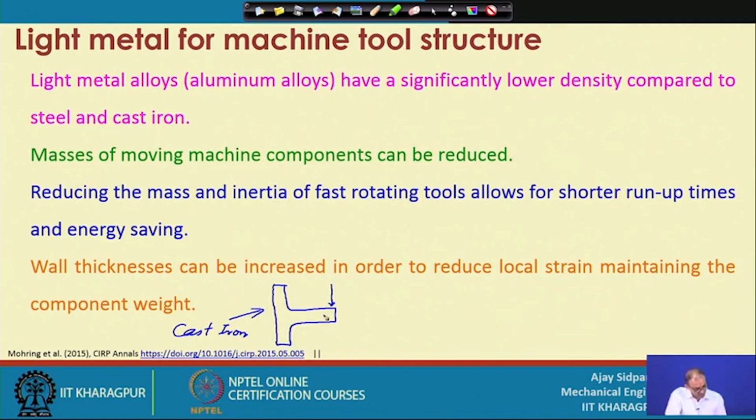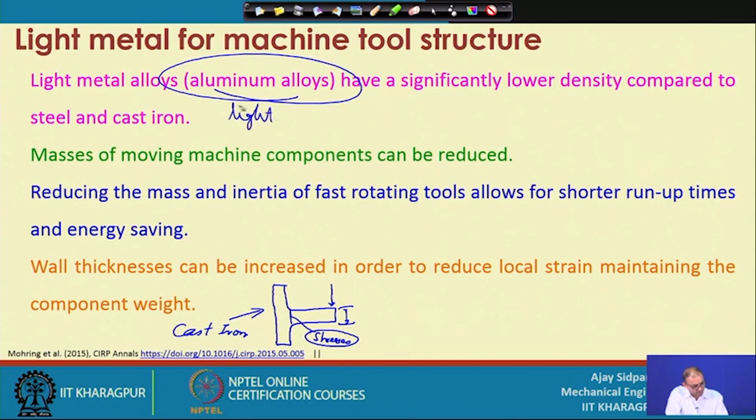So, now this thickness is playing an important role here, because whenever you are putting a load, stresses will be very high at this location. Correct. So, this is the cast iron. Now, if you use an aluminum alloy, we know that aluminum alloy is light compared to cast iron, which is heavy, correct.